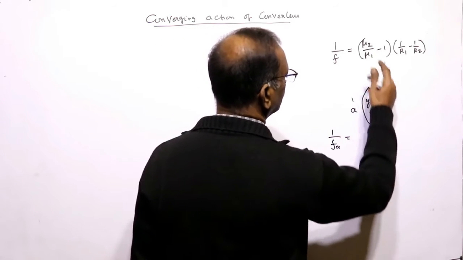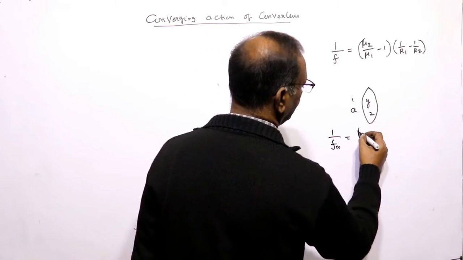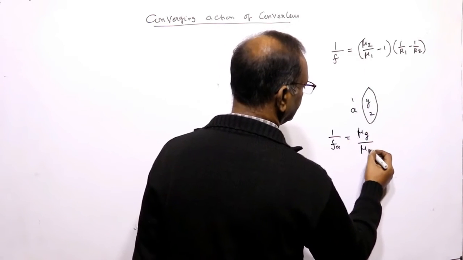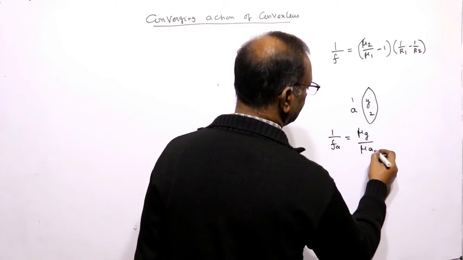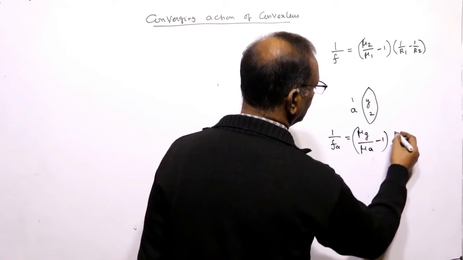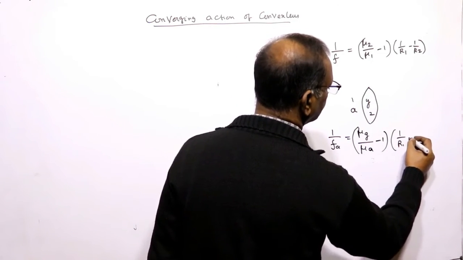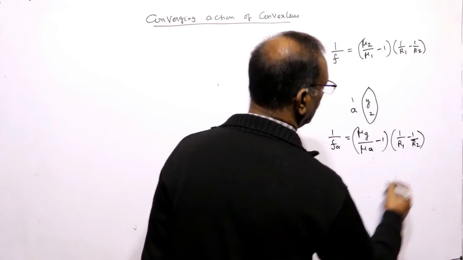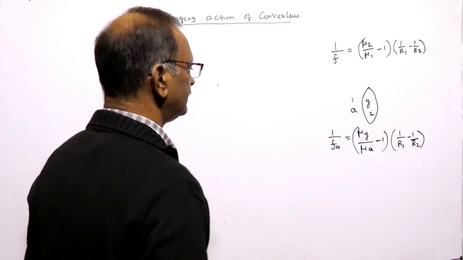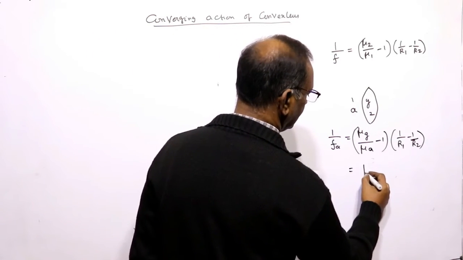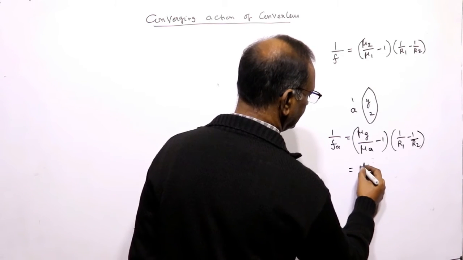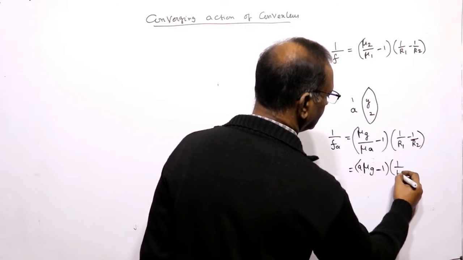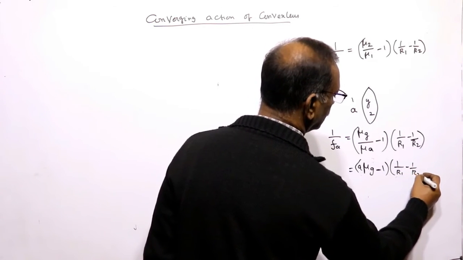So this is equal to mu 2, the refractive index of glass, divided by the refractive index of medium 1, that is air, minus 1, into 1 by R1 minus 1 by R2. So this is the refractive index of glass with respect to air, minus 1, into 1 by R1 minus 1 by R2.